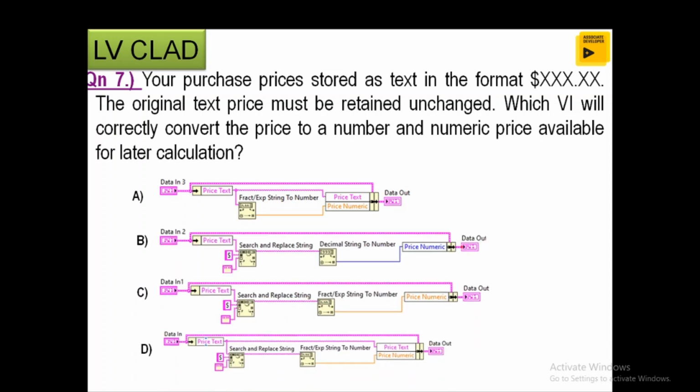Okay, your data in will have two things. One is a price text, another one is a price numeric. Whatever the price text is, it should not change at any cost, and whatever value is present in the price text should be converted to the price numeric, and you can use it for averaging or some other addition purpose.